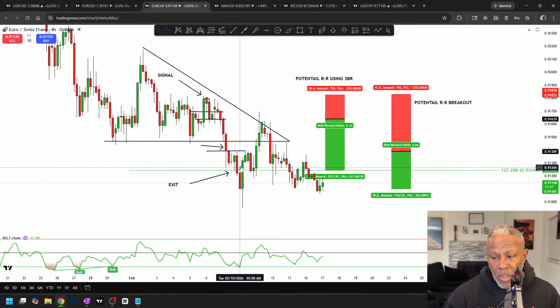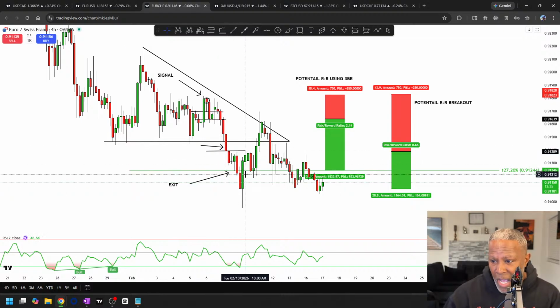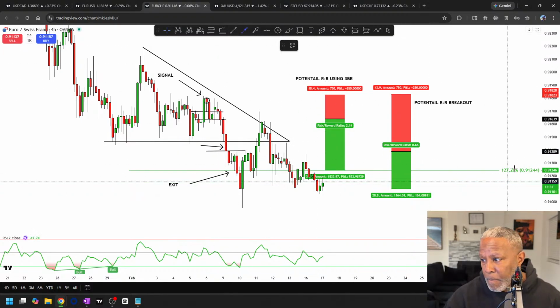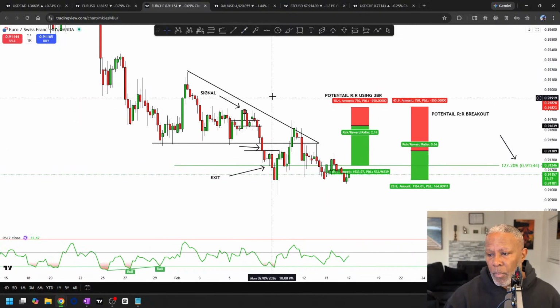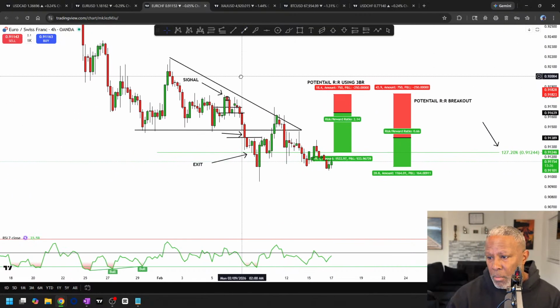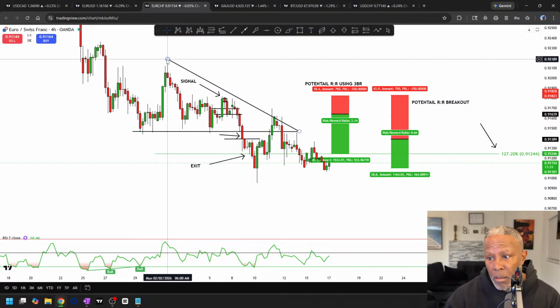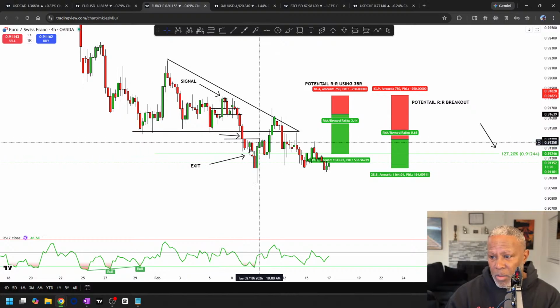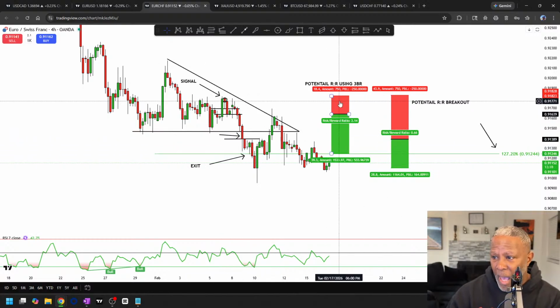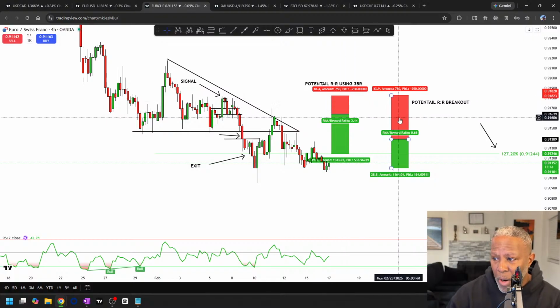Like in this case, there's really nothing to do. They're entering right here, and the 127 extension from this high to this low is right here. So look at ours, which is a 2.14 versus the breakout is a 0.66.